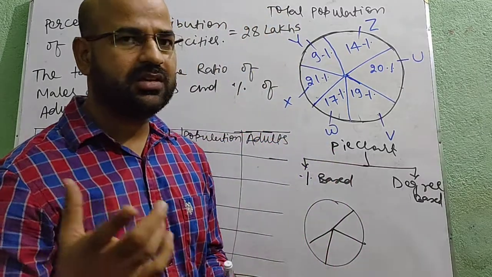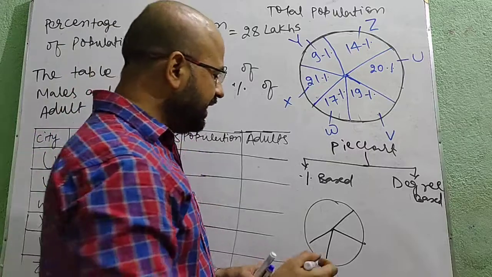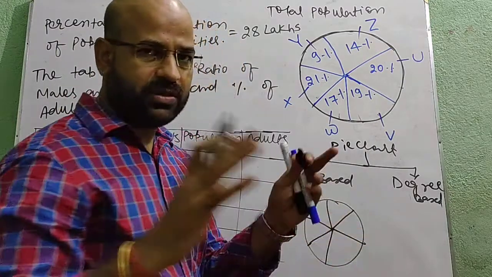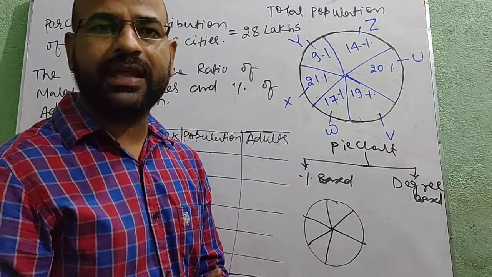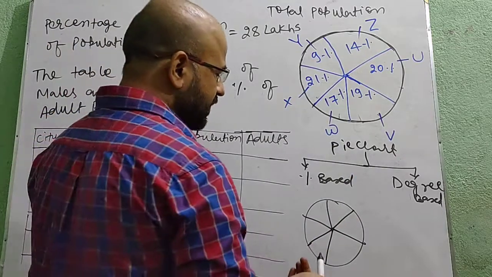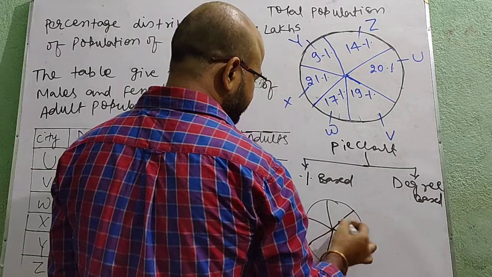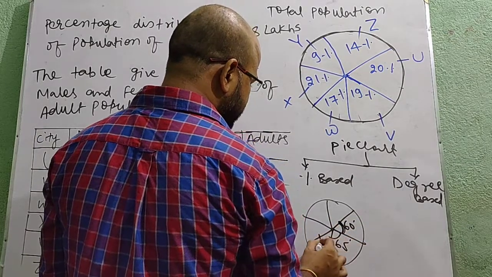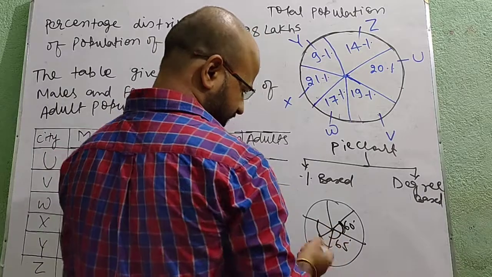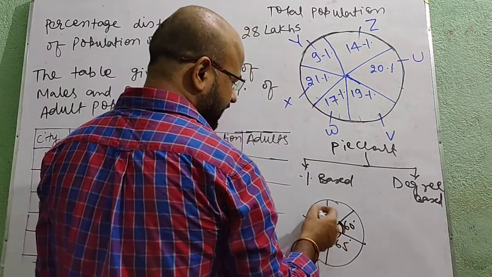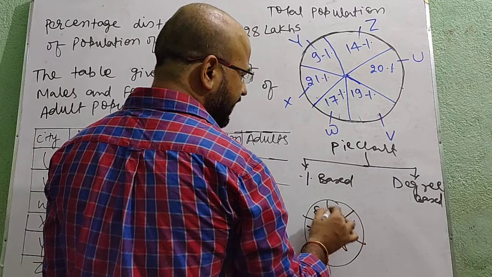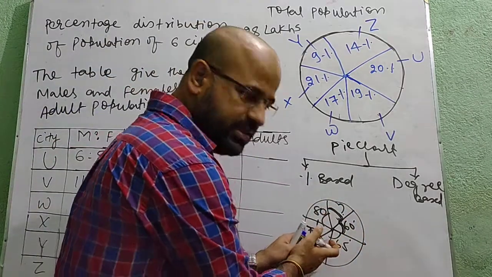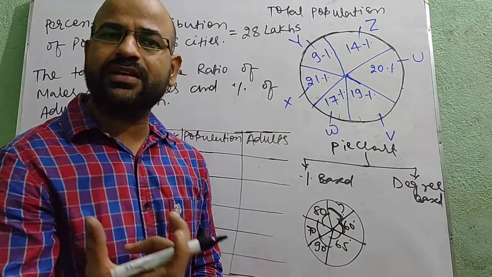The other form is degree based. In degree based, the sum of all parts will be 360 degrees. Suppose this part is 60 degrees, this part is 65 degrees, this is 90 degrees, this is 70 degrees, this is 80 degrees. Then the remaining part will be 360 minus the sum of these.